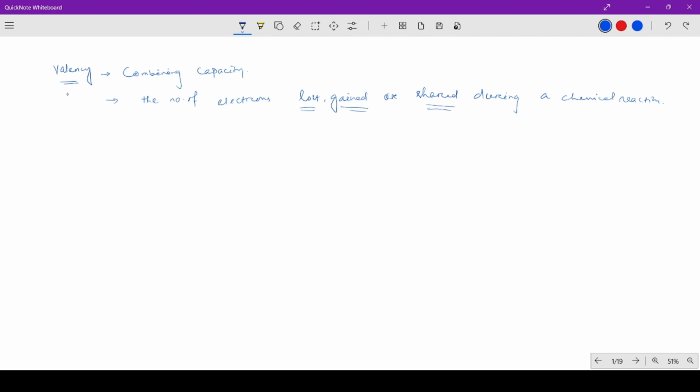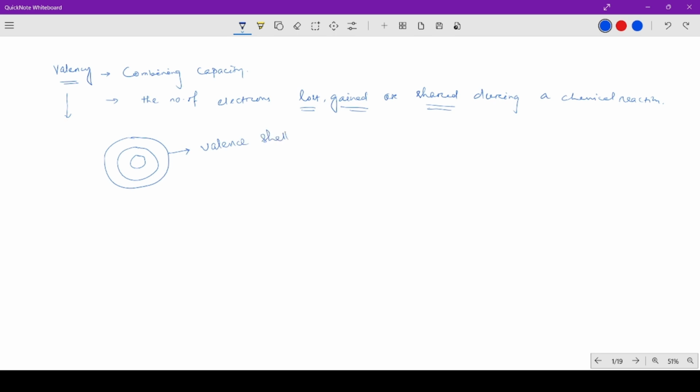Let us understand why this term valency is used. If this is the structure of an atom, the last shell or the outermost shell is known as the valence shell.